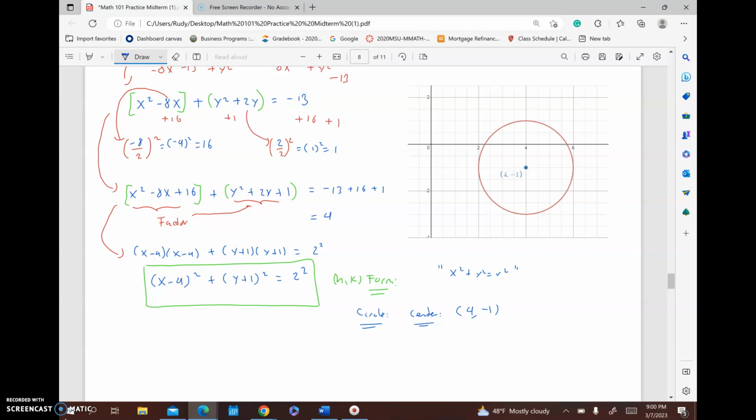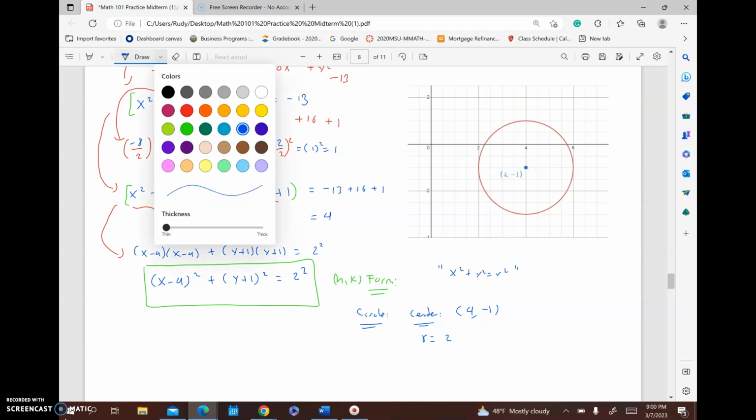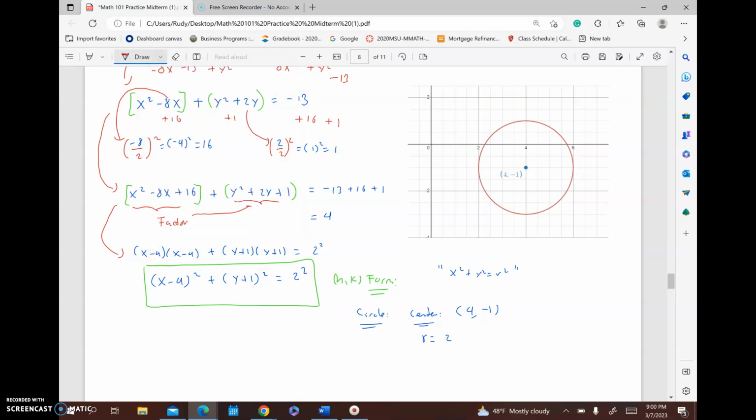You can see the 4, negative 1, and then the value of r is equal to 2. Here, the boxes on the scale are going as 1 and 2, so not every box is an integer, but that's actually it for this one. We end up with the circle of center 4, negative 1.